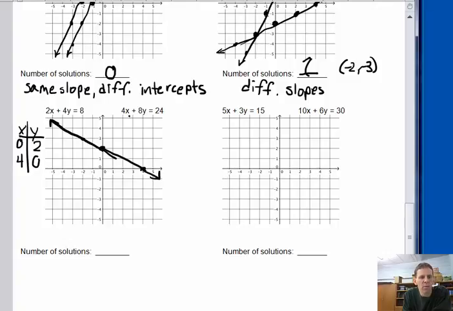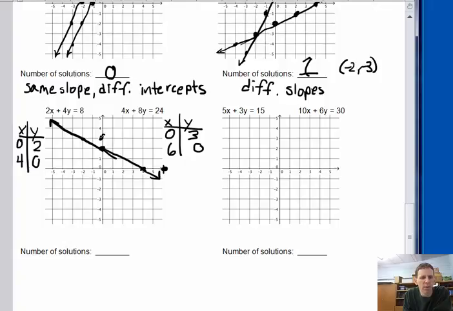Now my other graph has 4x plus 8y equals 24. So as I'm graphing points here, I'm going to plug in 0 for x. That's going to give me 3 for y, because 8 times 3 is 24. If I plug in 0 for y, I have 4x equals 24, so x would equal 6. Again, I'm a little bit off my graph here, but that's not a big deal. So I have a point at 6, 0, a point at 0, 3.